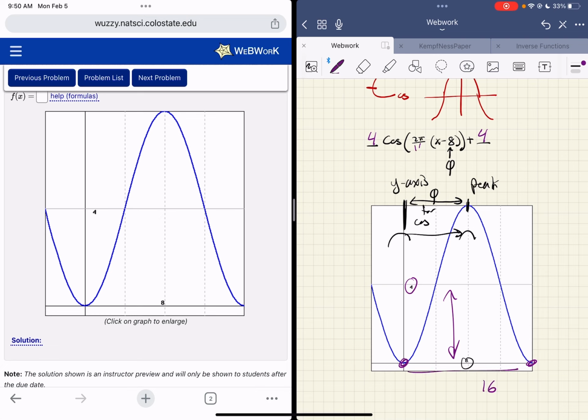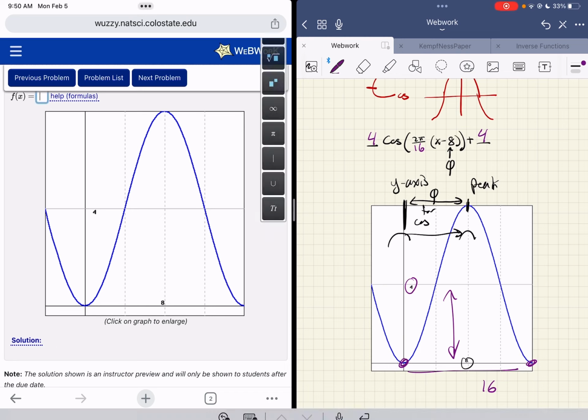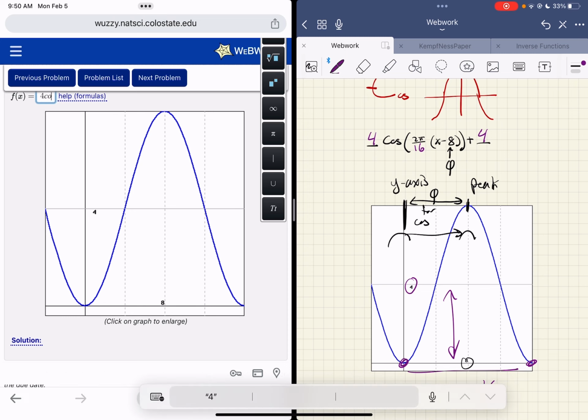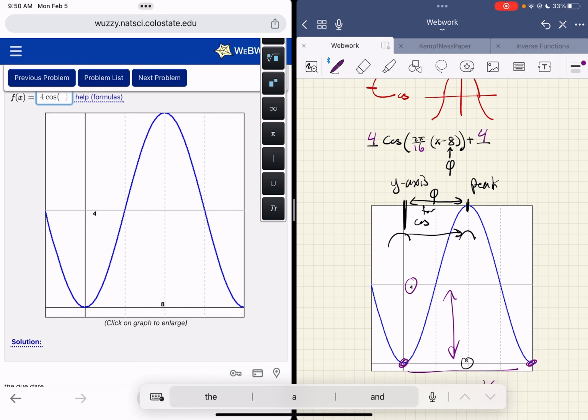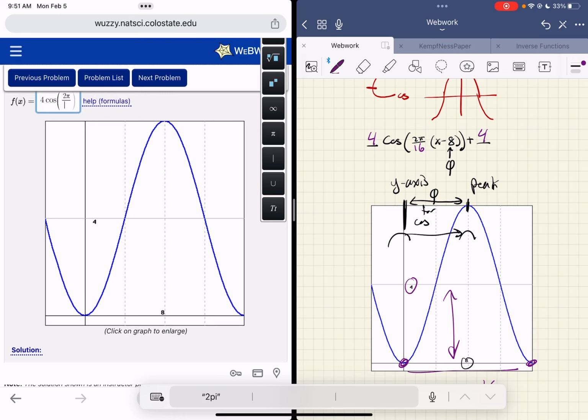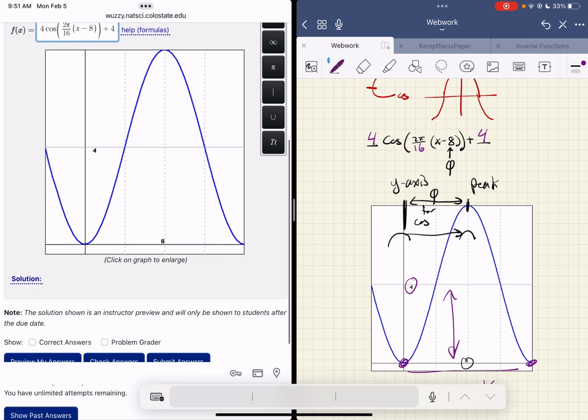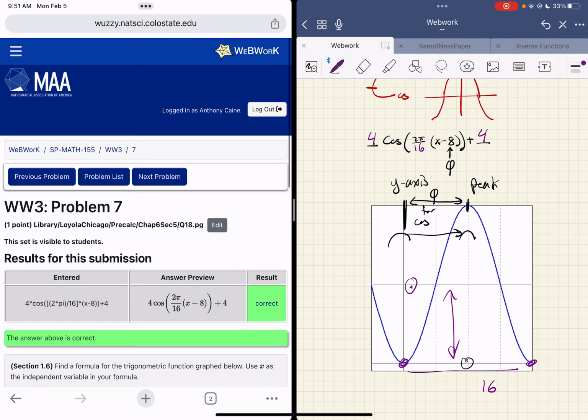So this is going to be 2 pi divided by 16. I'll show you how to do sine for this same graph next, but let's enter this really quick. Cosine of 2 pi over 16, and then x minus 8, plus 4, and let's see if it likes it. Submit, and it does. Great.